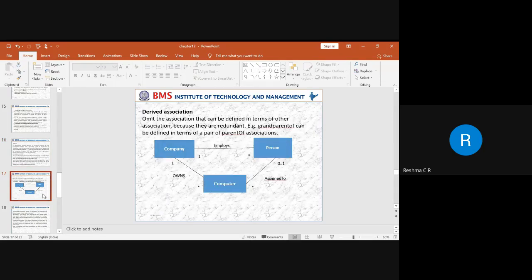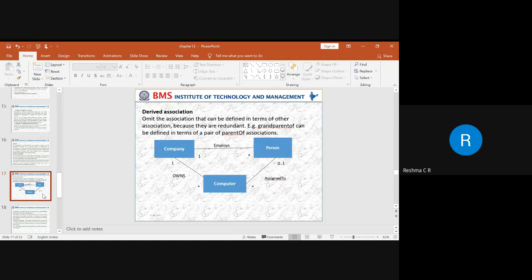So next what we have is a derived association. When we say a derived association, that association can be derived from a parent, or a grandparent of an association. Here is an example.